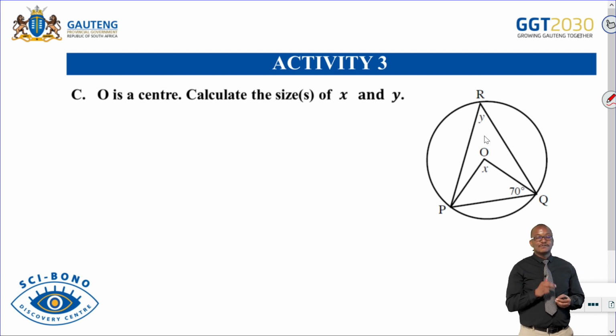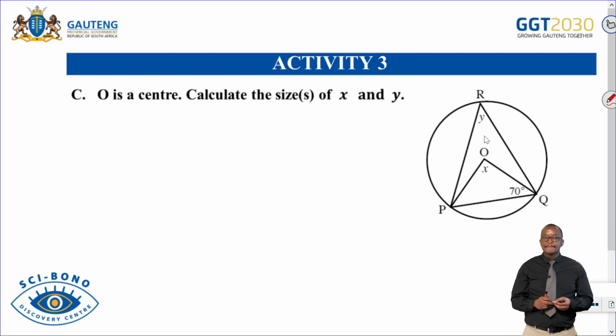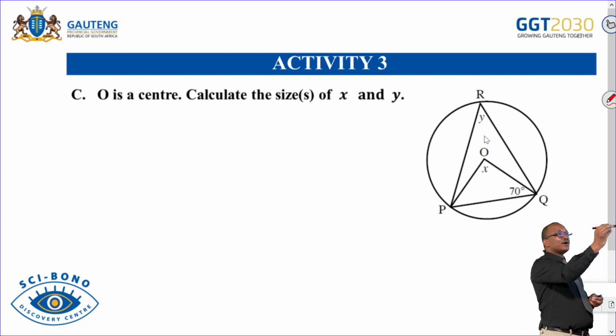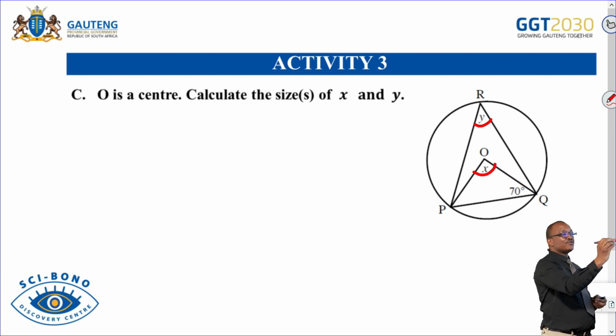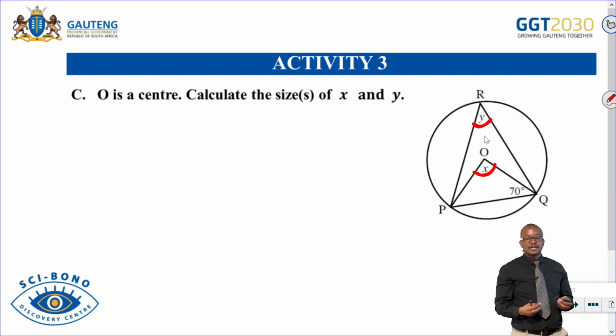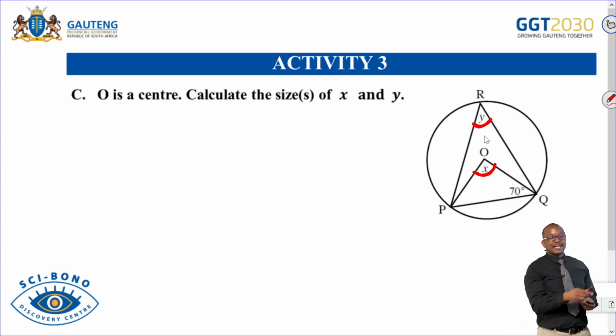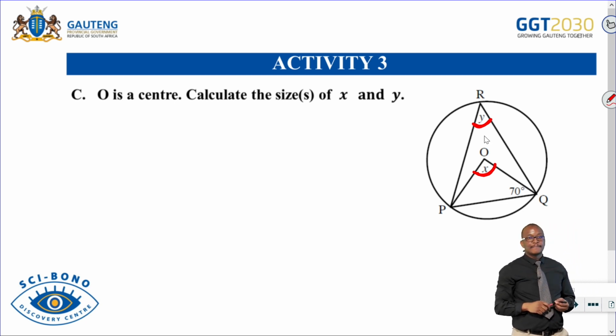Calculate the sizes of x and y. Then you can see that I have the unknown at x and I have the unknown at y. Correct? But I have to get the size of x and get the size of y.